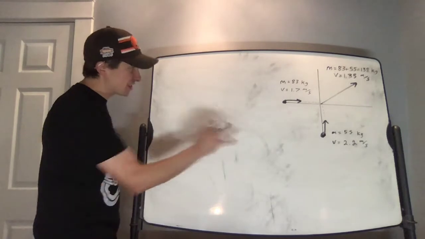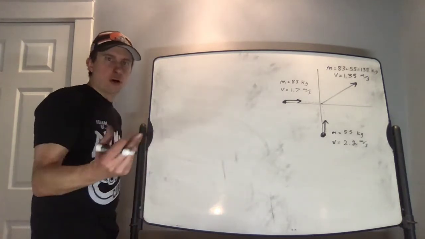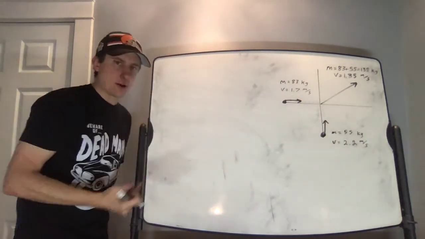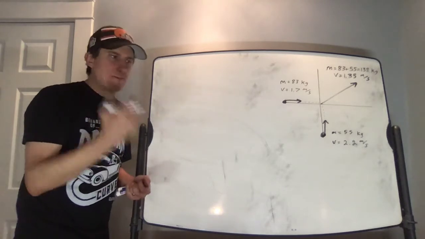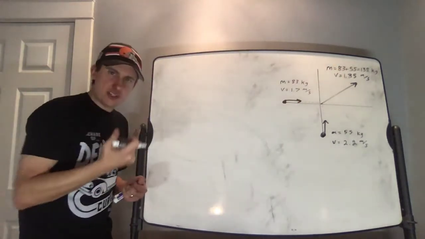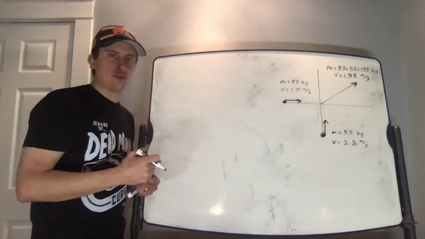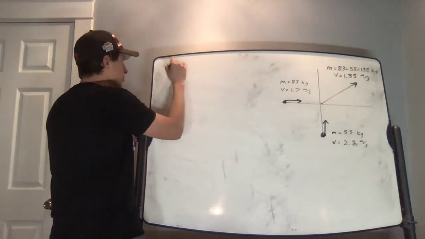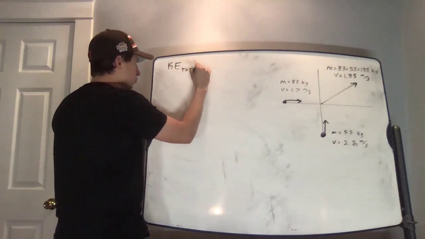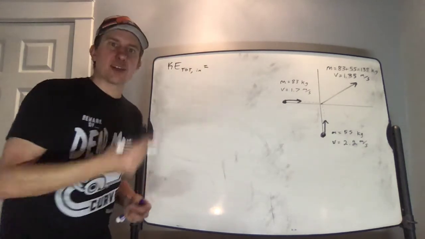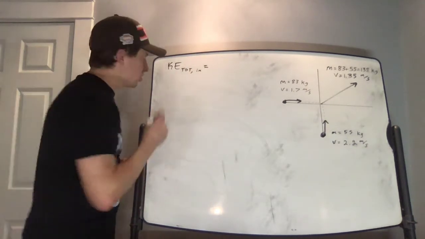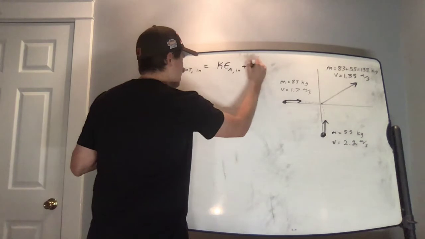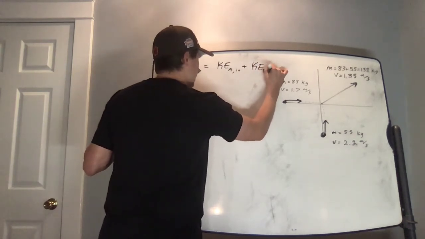So we have two skaters. Before the collision, which I'll call the initial moment, they are skating with a speed that is given and they have masses that are given. After they collide, we found what their speed was after the collision, and we treated them as a single object because they are moving off together. So I could say before the collision, their total kinetic energy, so I'll call that KE total initial, would have been the sum of their individual kinetic energies. So before the collision, the kinetic energy of Alfred initial plus the kinetic energy of Barbara initial.